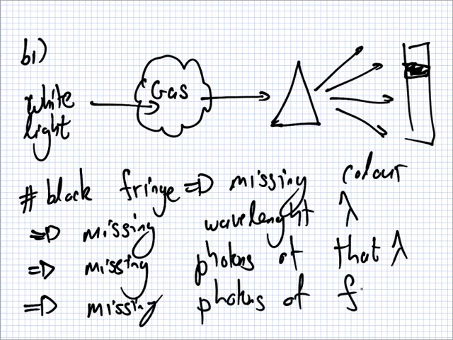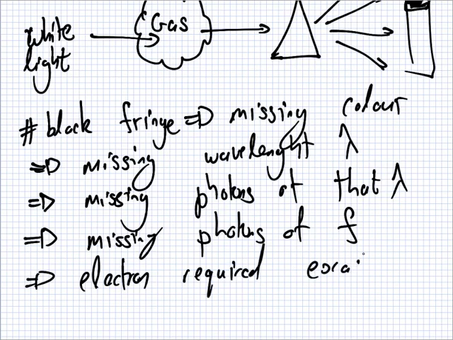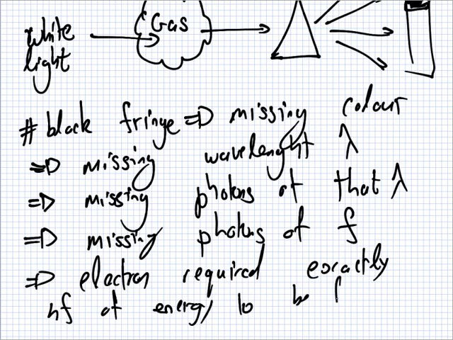Now, why would a photon of a particular frequency be missing? Well, the reason is that some electron took that photon to be freed, and it required that frequency. So that would mean the electron required exactly hf of energy to be freed.